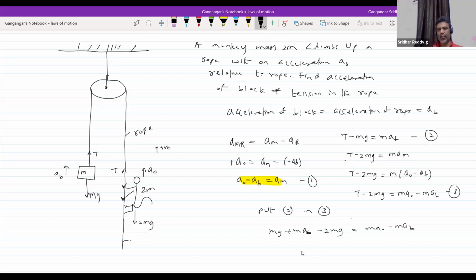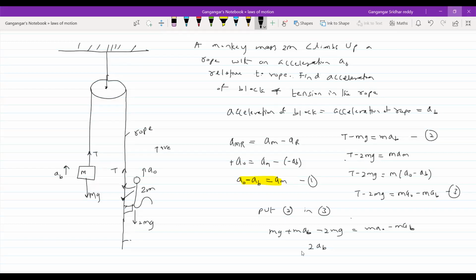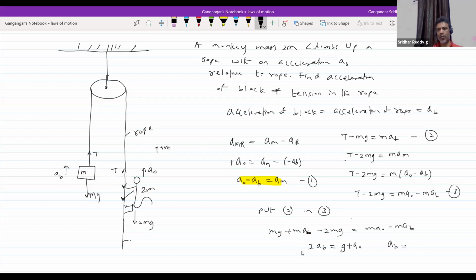M gets cancelled, so this will be 2AB equal to g plus A naught. So acceleration of block is equal to (g plus A naught) by 2. Substitute this value there, we'll get the expression for tension.